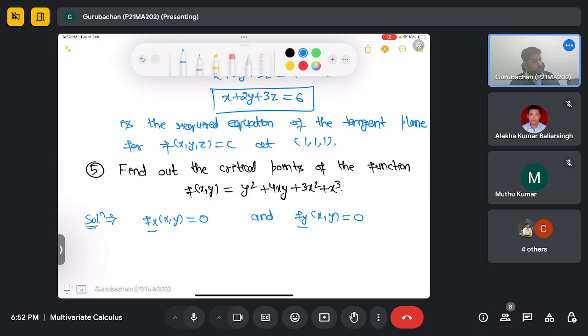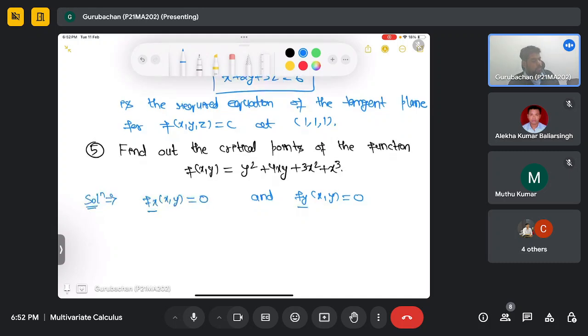Okay, so find the partial derivative of f with respect to x. It will come out to be 4y plus 6x plus 3x square, while with respect to y, it will be 2y plus 4x.